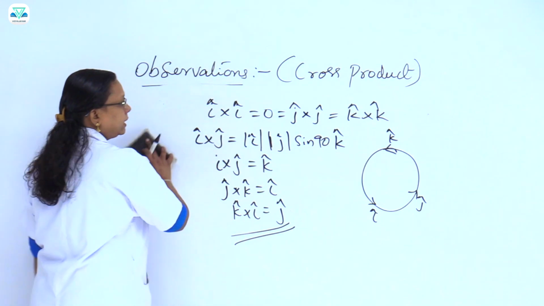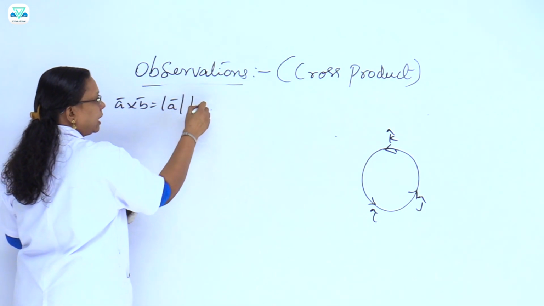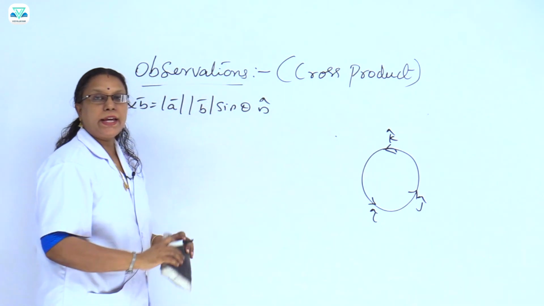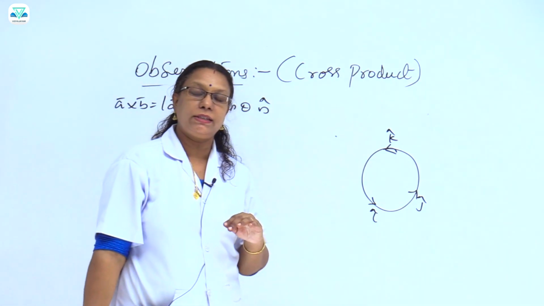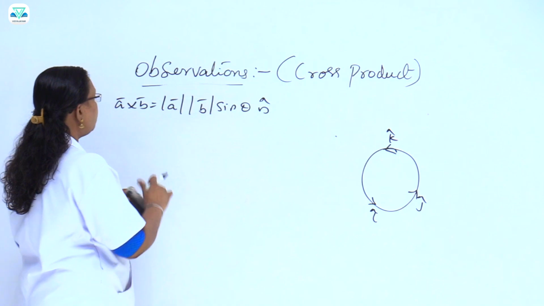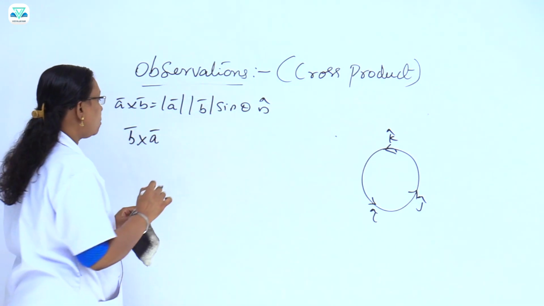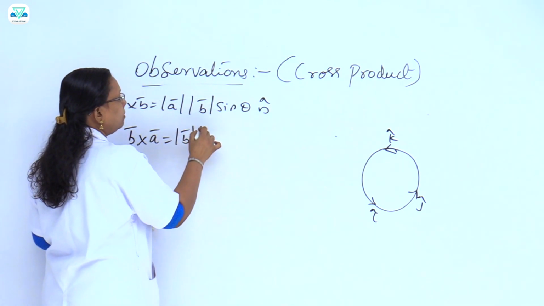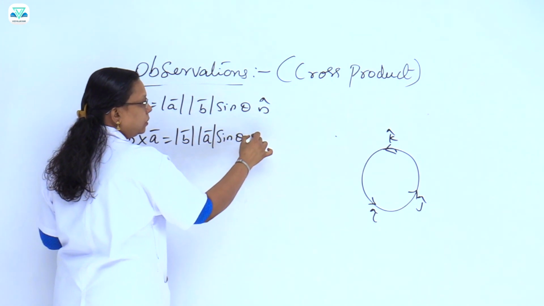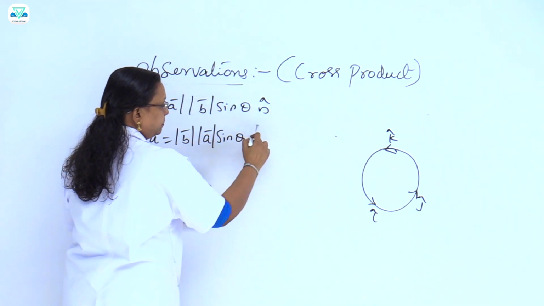Now again let us consider A cross B. A cross B is modulus A modulus B sin theta into n cap. Here theta is directed from A to B. Now consider B cross A. B cross A is modulus B modulus A sin theta into n1 vector.